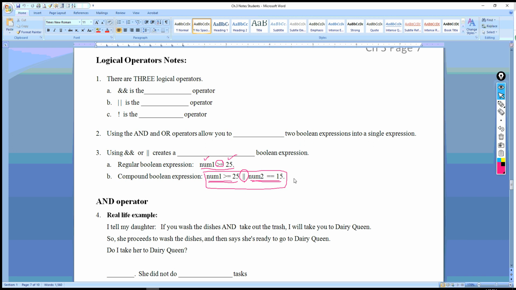And so the question would be, well, what would be wrong with this? So if we went, if num1 was greater than 15, or less than, let's say, 10. Okay, so what would be wrong with that?